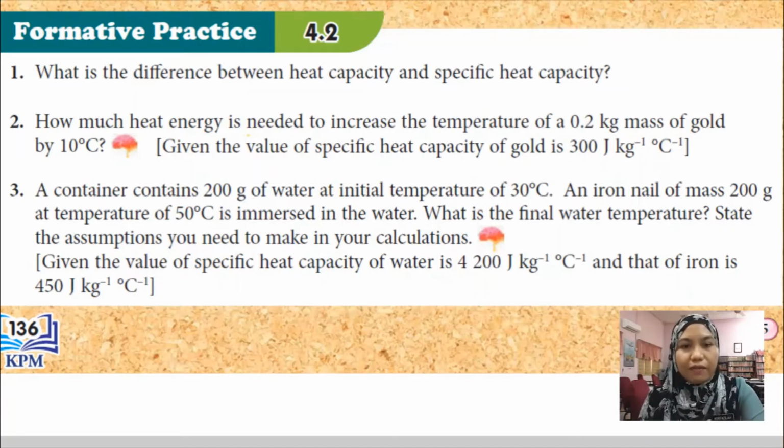What is the final water temperature? State the assumption you need to make in your conclusion. The final temperature of the water is when the iron nail and the water have achieved thermal equilibrium.